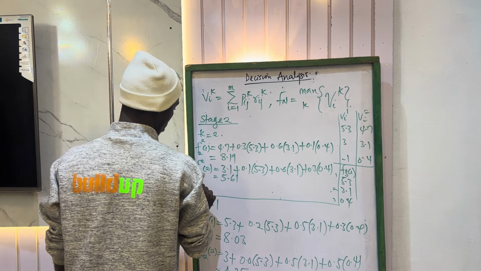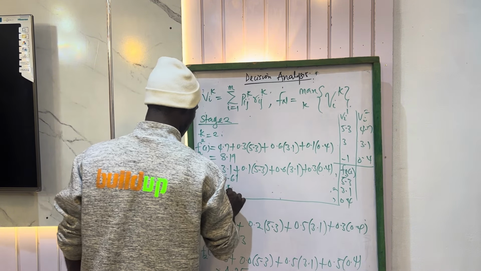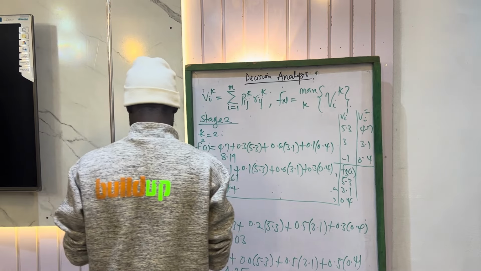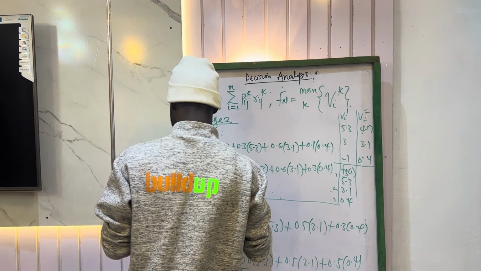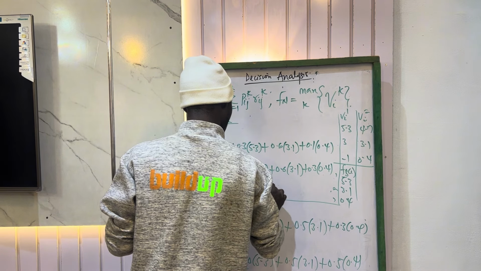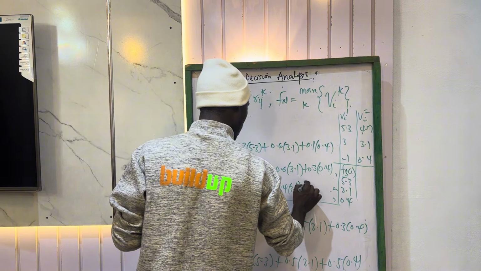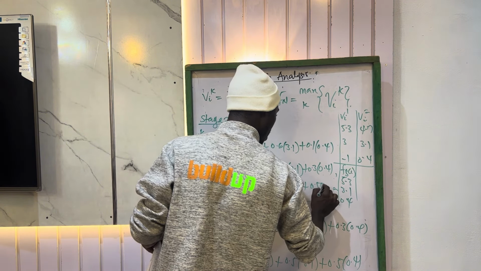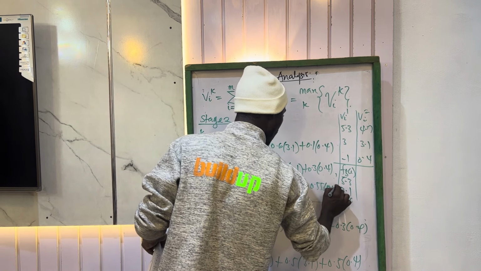Then for F2 2 of 3, which is this last one, 0.4 plus 0.05, then 5.3 plus 0.04, 3.1 plus 0.55, then 0.4.